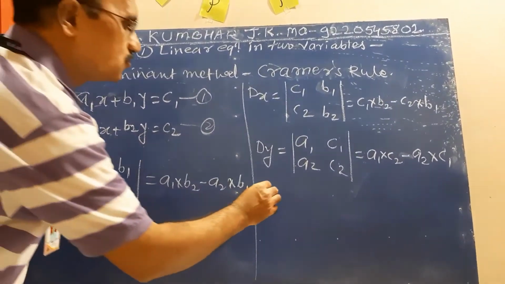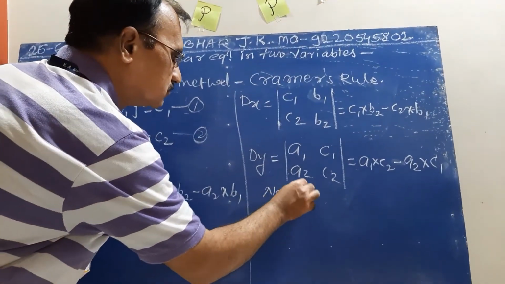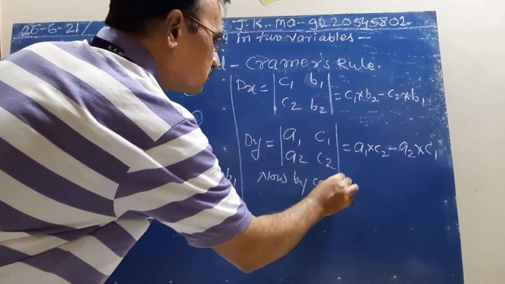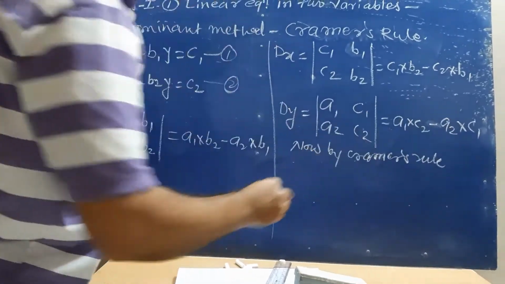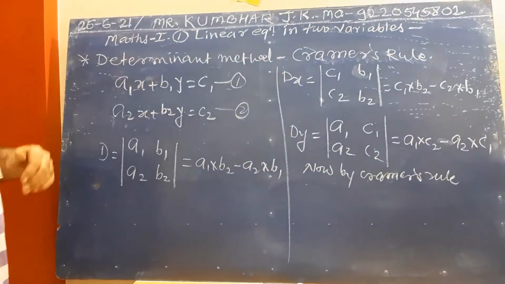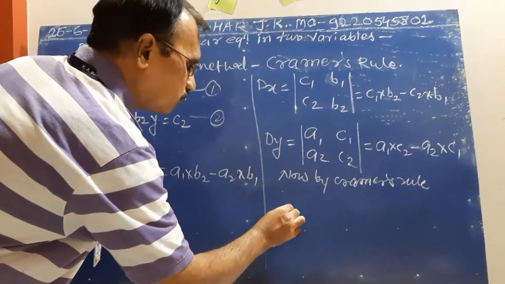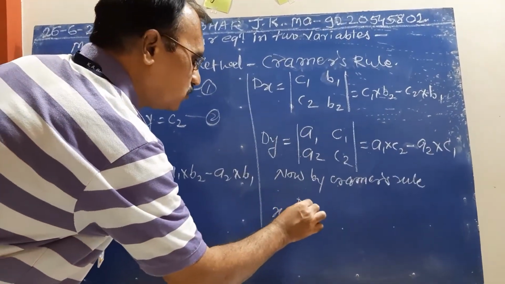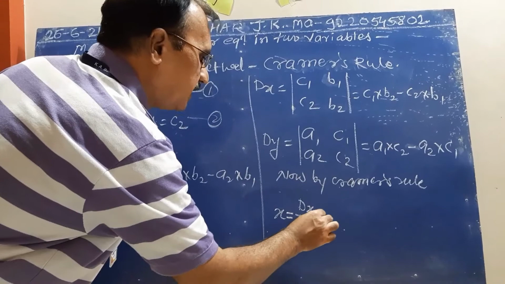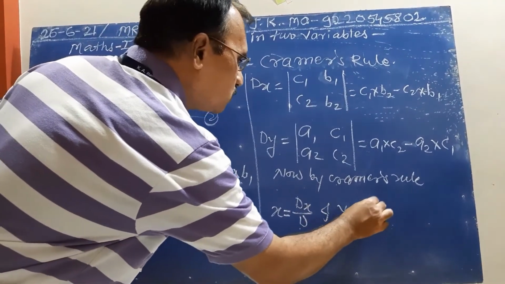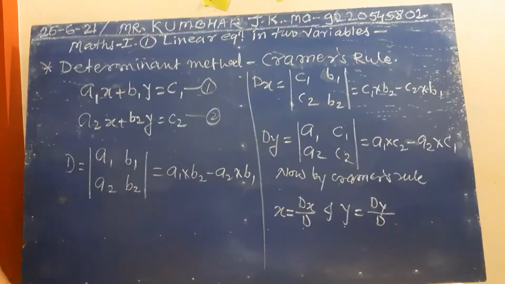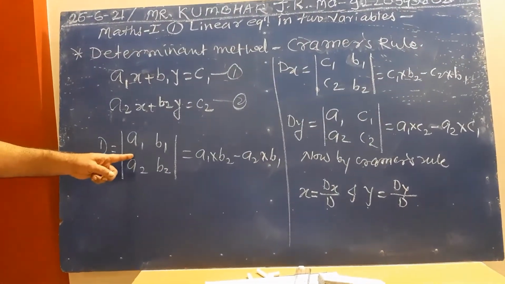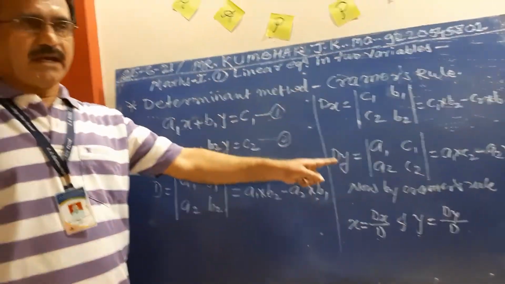Now by Cramer's rule, or by determinant method, we have to find x. X is equal to Dx by D and y is equal to Dy by D. That means we have to remember the formulas D, Dx and Dy.